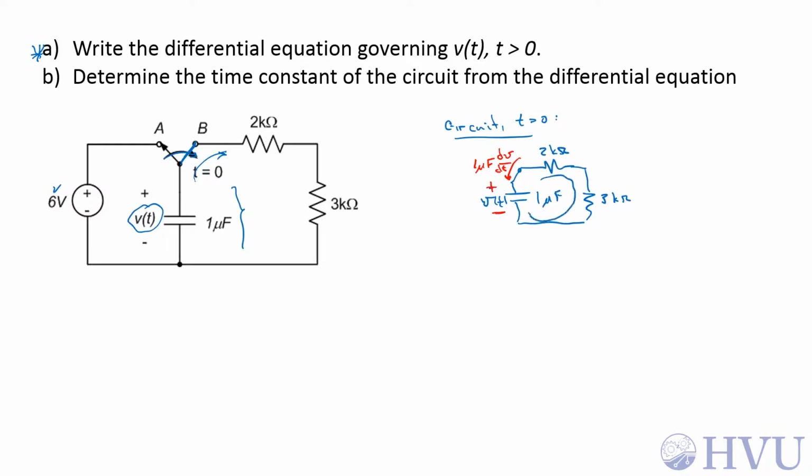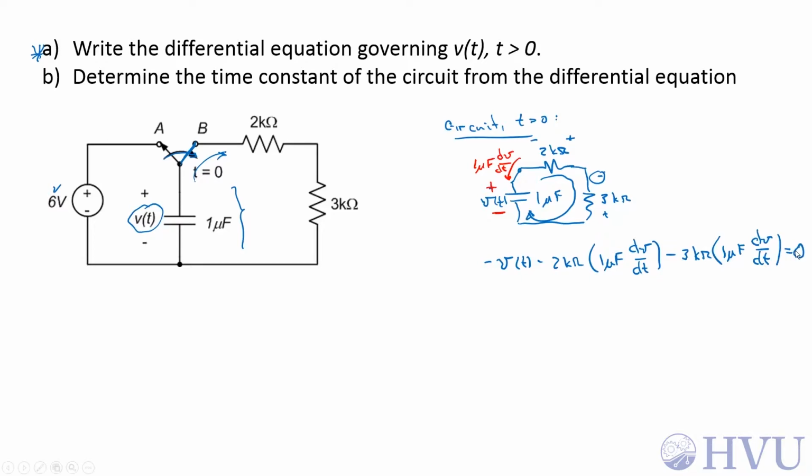So if I do KVL around this loop, I have a minus v of t for the capacitor voltage. If current is going in this direction, then my passive sign convention says that that's positive and that's negative, that's positive and that's negative, so it's a minus 2 kilo ohms times 1 microfarad dv by dt. So the current through the 2 kilo ohm resistor, minus terminal first on the 3 kilo ohm resistor, so 3 kilo ohms times the capacitance, 1 microfarad, times the derivative of the capacitor voltage with respect to time.